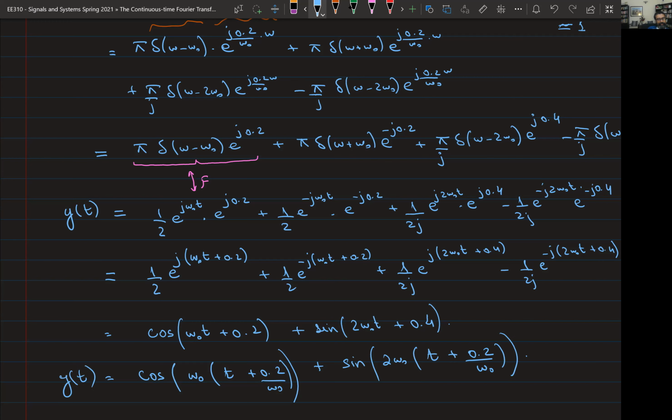So if you just compare y of t with x of t, there's a very interesting relationship that you will find. And that relationship is that, first, the high frequency components completely cancel, so they completely go away. And the low frequency components stay exactly the same the way they were, except that they have been delayed, right? The low frequency components are a delayed version of what they were in the input.